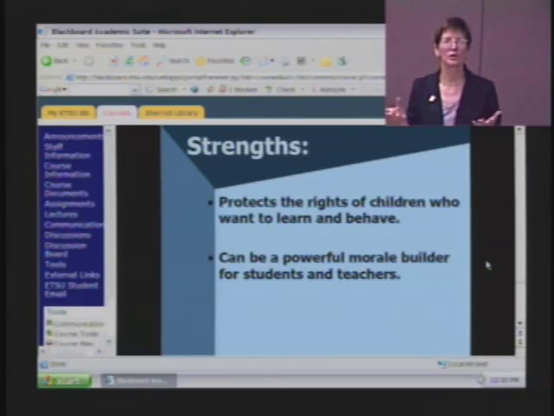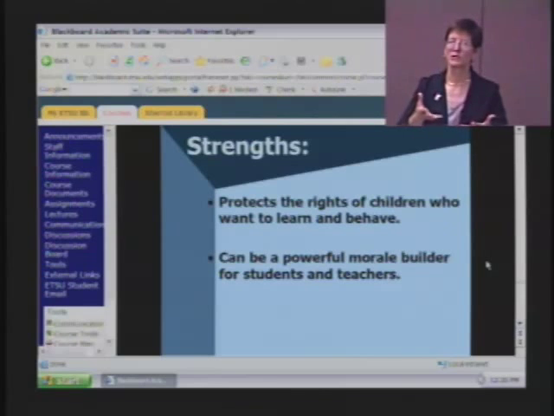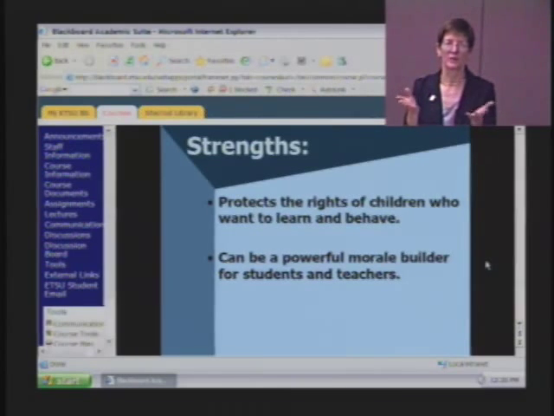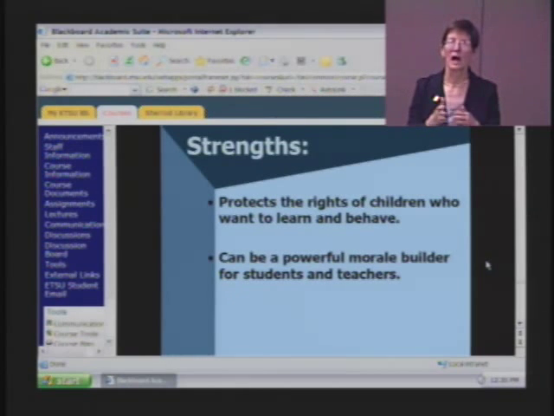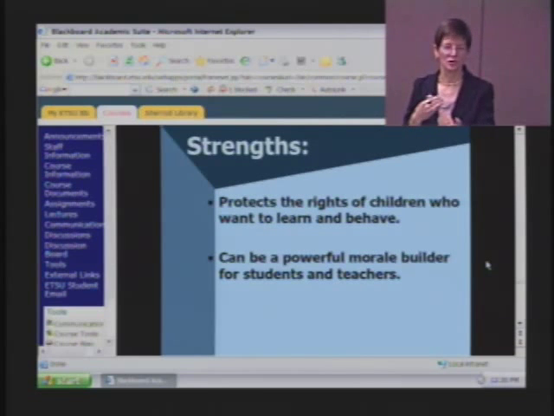The school had wonderful morale. The kids felt safe, they felt secure, they felt very much loved, a very warm climate, a lot of warmth between teachers and students, and the kids just ate it up. So an authoritative approach done correctly actually is a morale builder for both students and teachers.